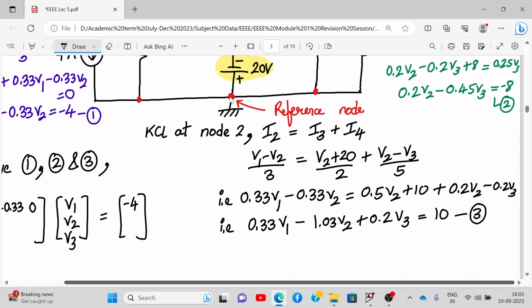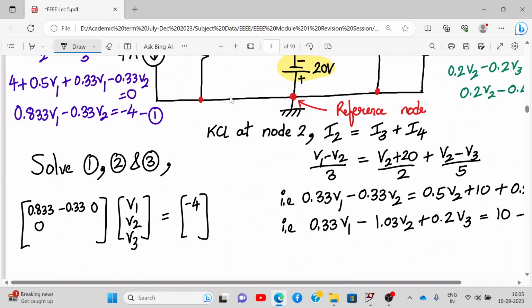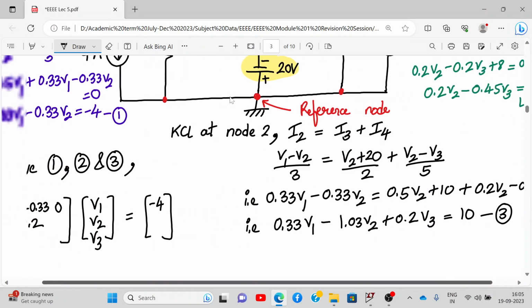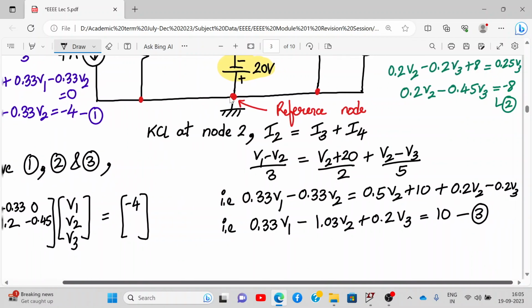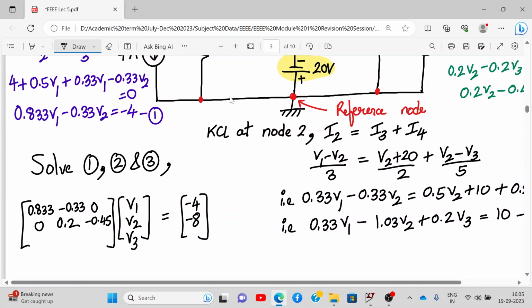The second equation: the V1 coefficient is 0, the V2 coefficient is 0.2 and the V3 coefficient is minus 0.45, and the right-hand side is minus 8. Here we have 0.33, then minus 1.03, and 0.2, and on the right-hand side we have 10. So this is what we get.